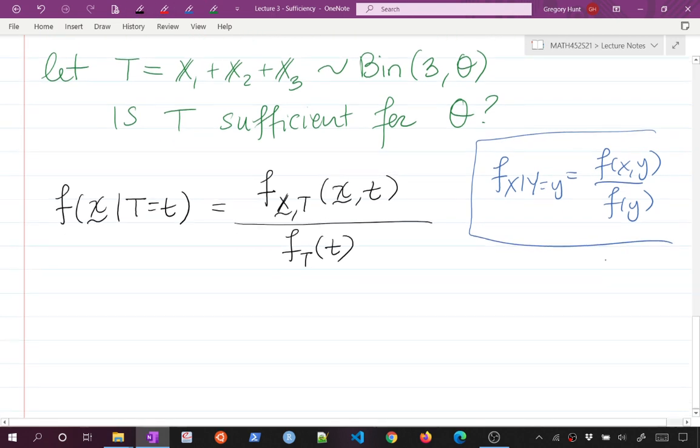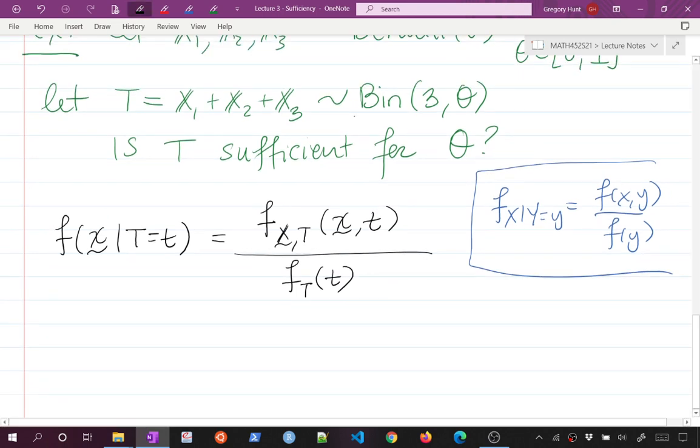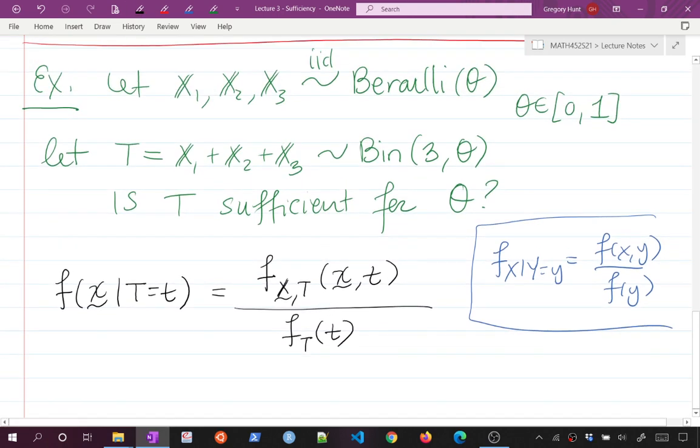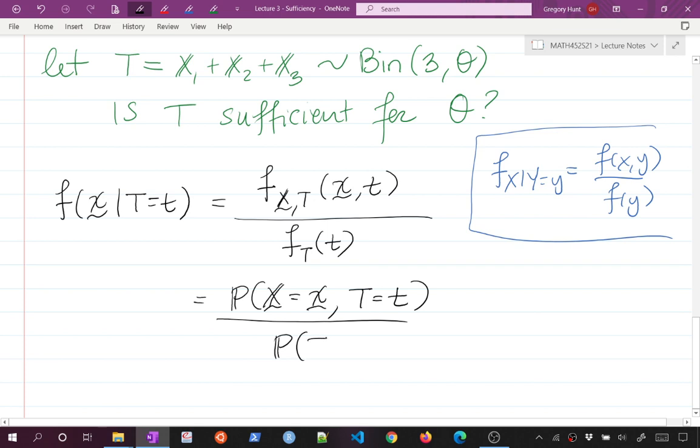So let's start filling in the gaps here. As it turns out, everything here is discrete, so the PMF here is just a probability function. We could rewrite this as the probability that x is little x and t is little t over the probability t is little t.